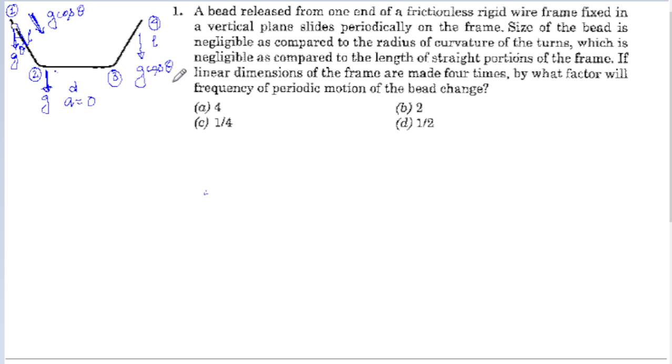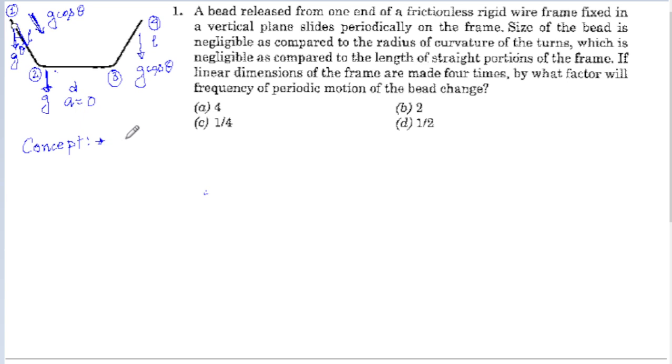Now for describing the concept behind this problem, we can easily solve the problem by using the proportionality concept.